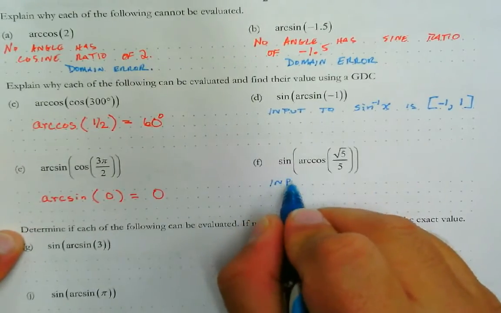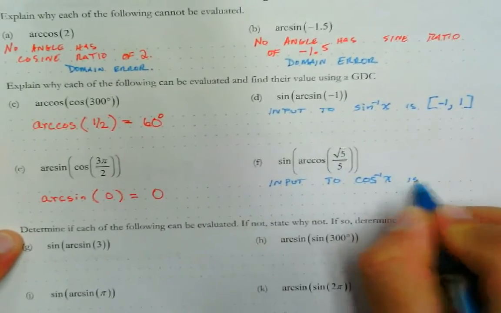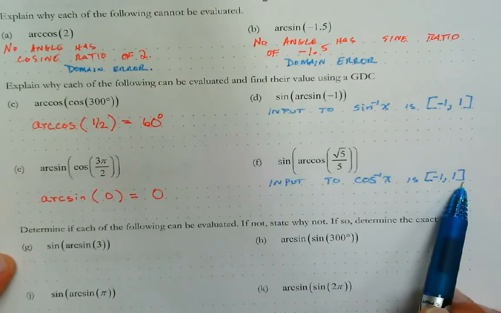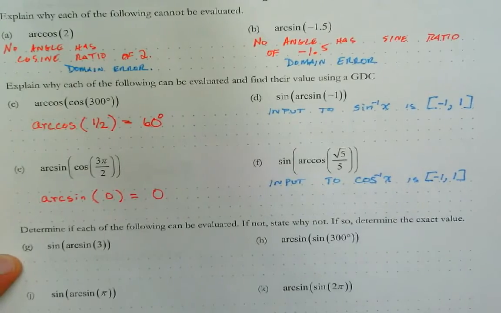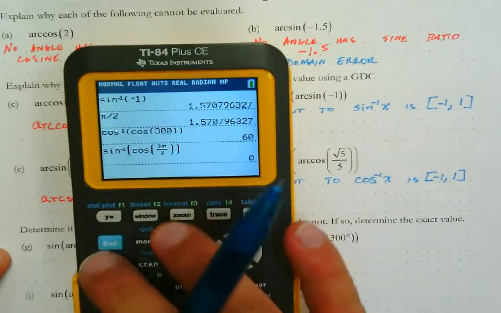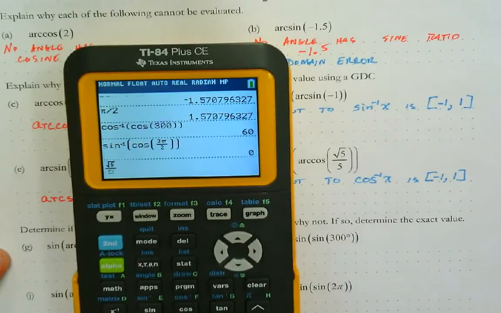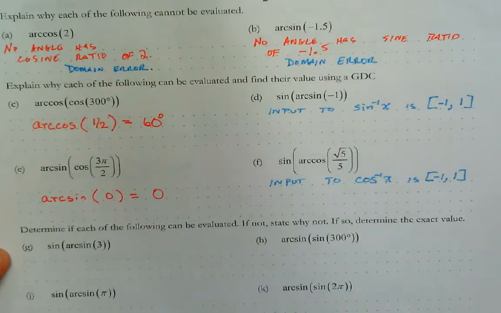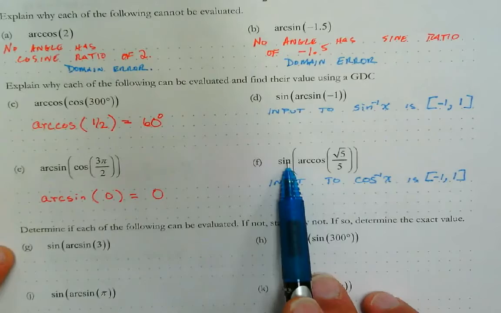And my input to my inverse cosine is between -1 and 1, right? That root 5 over 5 is a number that is between -1 and 1, right? Let's check that out. That is a number that is between -1 and 1, so it's good to be the input here. And whatever this output is going to be fine for the sine, because the sine's domain is all real numbers.